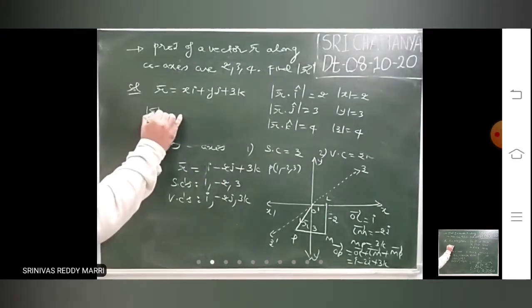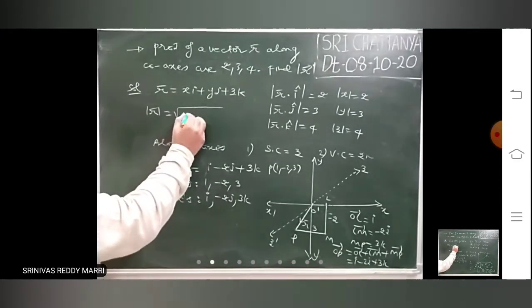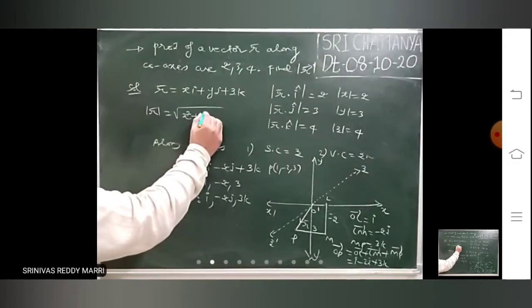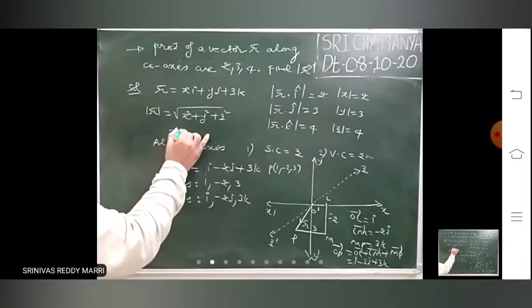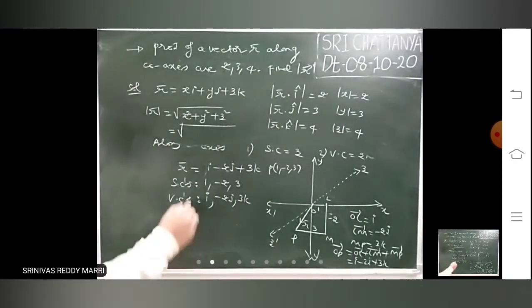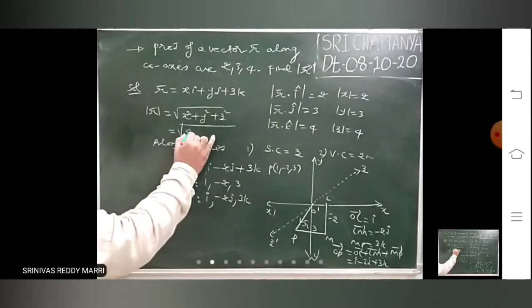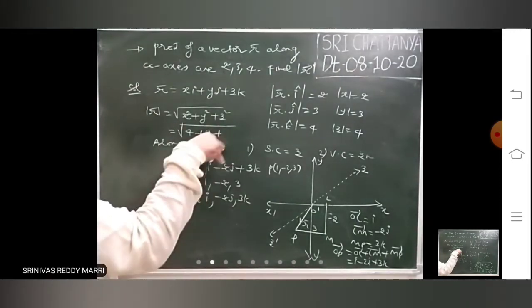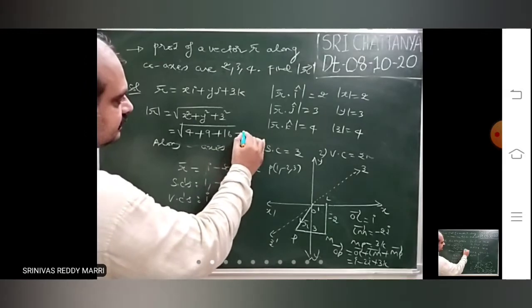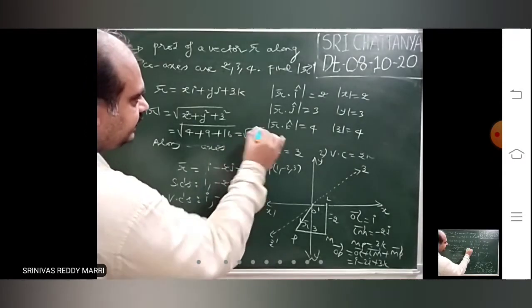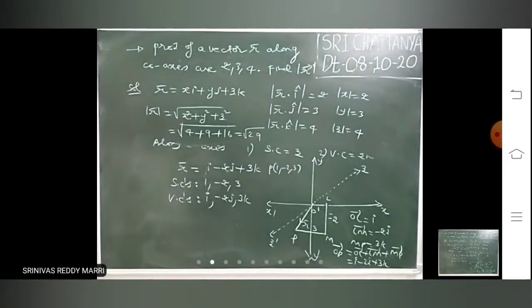That means modulus r bar is root of x square plus y square plus z square. That is root of 4 plus 9 plus 16, that means root of 29. Magnitude of the vector is nothing but root of 29.